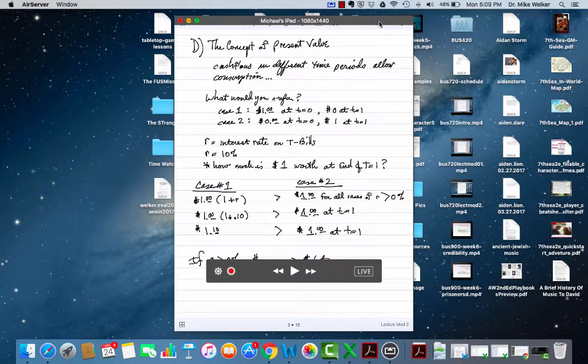That's because of the effect upon the value of the dollar with R being greater than 0. The later money is said to be discounted. It's not regarded as valuable, or think of it as valuable, but not as valuable as when I got it sooner. I would rather have it sooner.